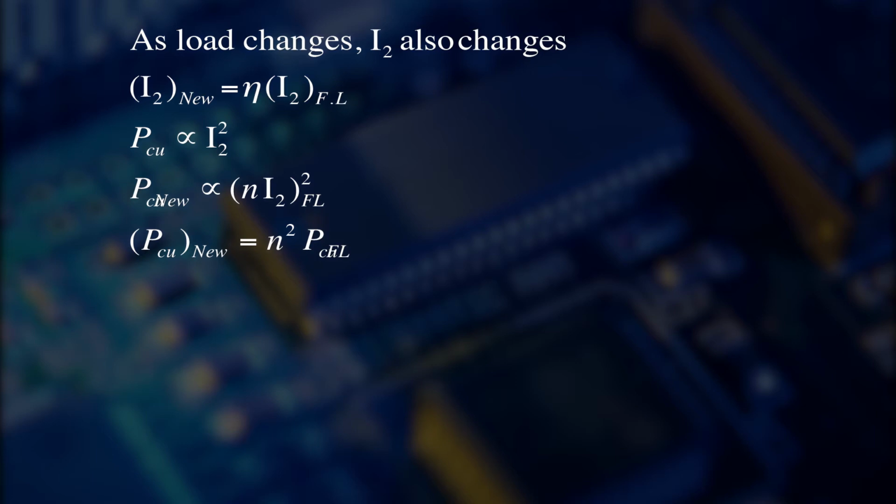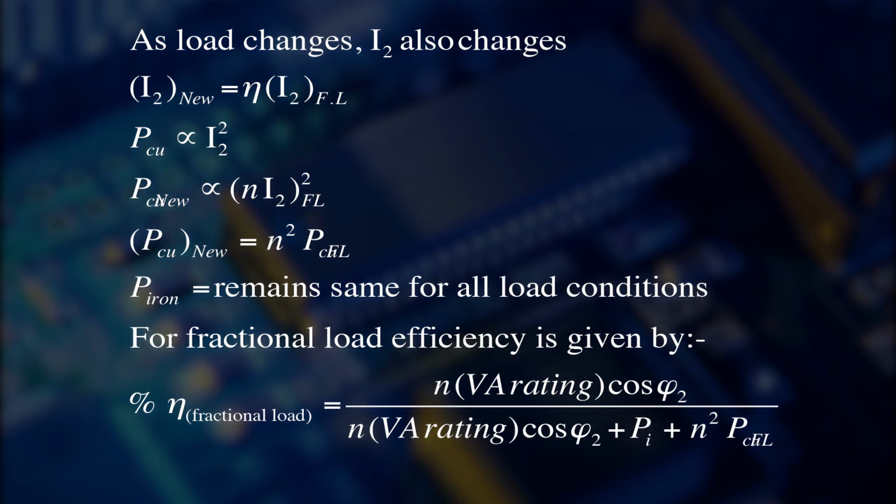That means this I2 square current is at full load, and N is the value denoted at any particular load, that means N is equal to half full load, N is equal to 3 by 4 load. So the copper losses at the new load can be written as N square multiplied by copper losses at full load. As you know, the iron losses are constant losses, or you can say the iron losses remain constant at any load.